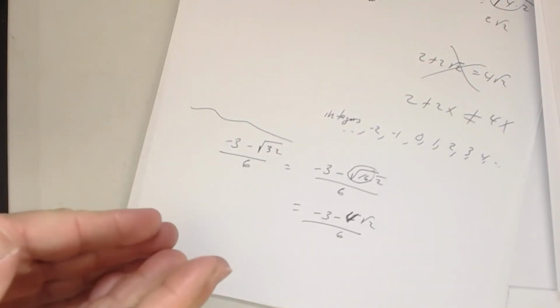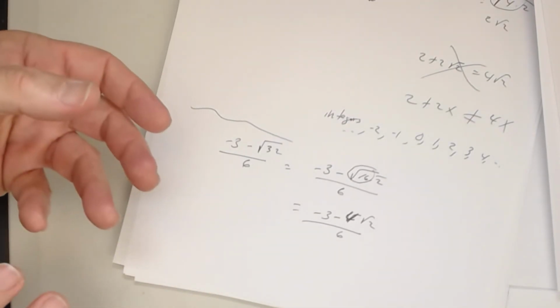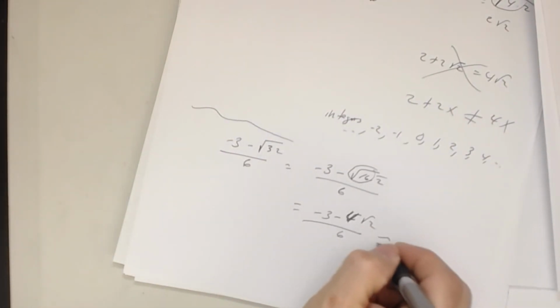All right? Can I combine the numerator like I did in the previous part? No. Because they're not both integers. -3 is an integer, but 4 square root of 2 is not. So that will be your exact answer. Now let's approximate to the nearest tenth. Let's use the calculator on this one.